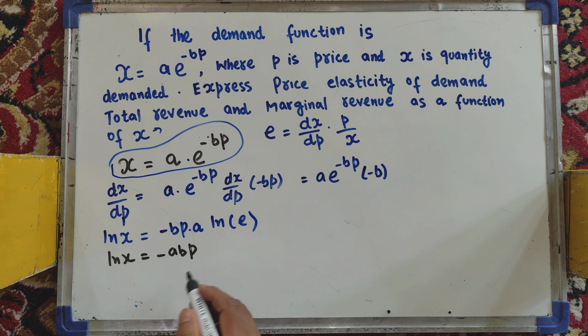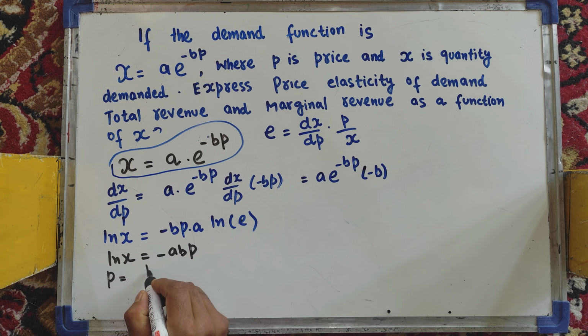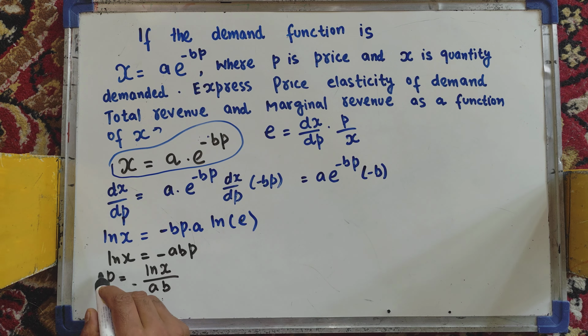Solving for price first, p will be equal to ln of x upon ab.